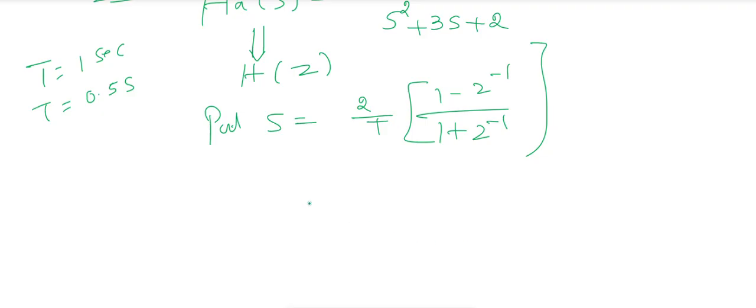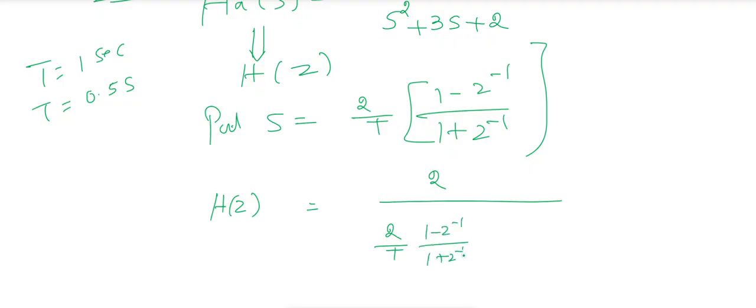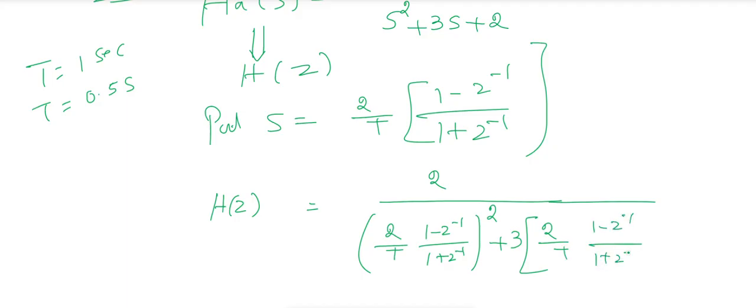So H of z is equal to 2 divided by s squared, which means 2 by T into 1 minus z inverse by 1 plus z inverse, squared, plus 3 into s, which is 3 into 2 by T into 1 minus z inverse by 1 plus z inverse, plus 2.